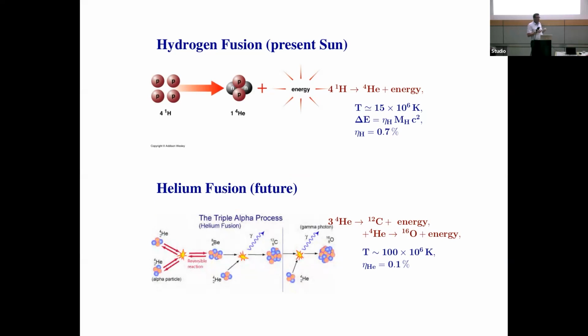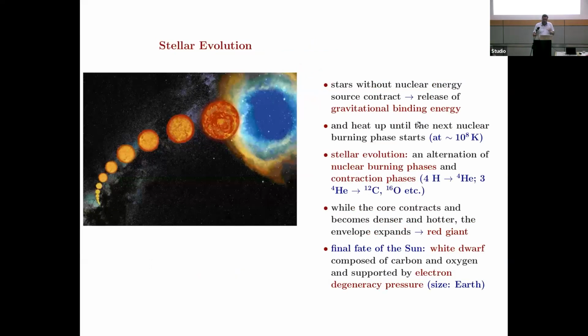Now, of course, the sun at the moment is halfway through that nuclear burning and has roughly used half of the hydrogen at the center. So it has another 4.5 billion years to live. But at some point, it will run out of hydrogen. And what happens in the sun and stars more generally is that as soon as the nuclear burning stops, but you still lose energy, the star contracts.